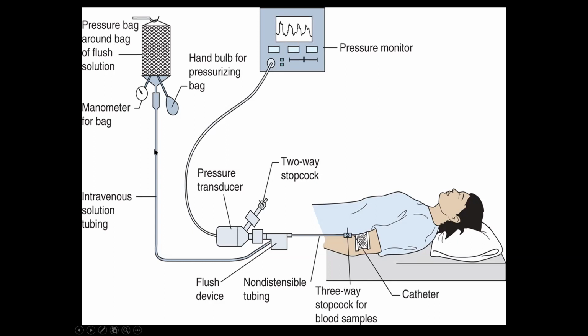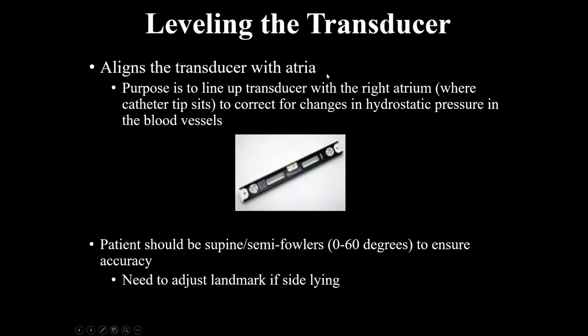Pressurized bag, we have tubing. This is the transducer. This is your art line. This is the cable that allows for the transmission of the waveform up to the pressure monitor. So transducer, let me show you that first. And I'm going to shut off.